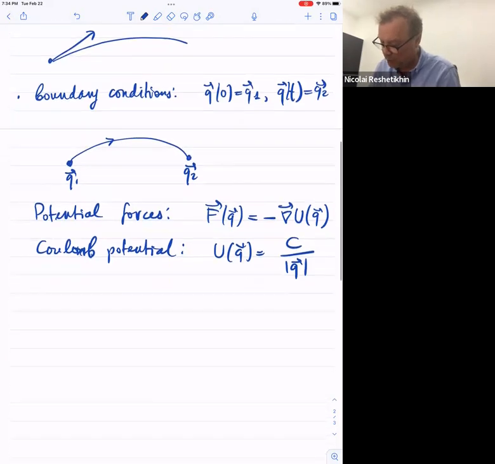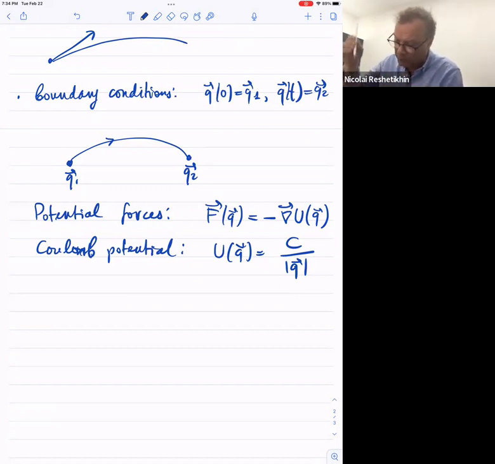So you can see that the Coulomb potential has a singularity at q equals 0, and depending on whether it's an attractive force or a repulsive force, this singularity will be either plus infinity or minus infinity for the potential. But it's important that it's a potential force.